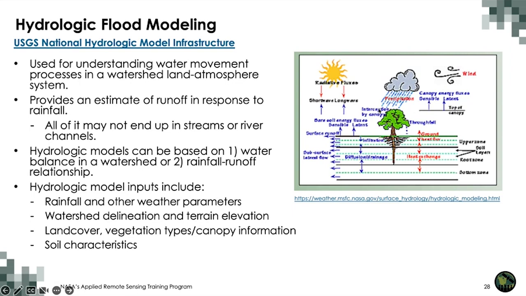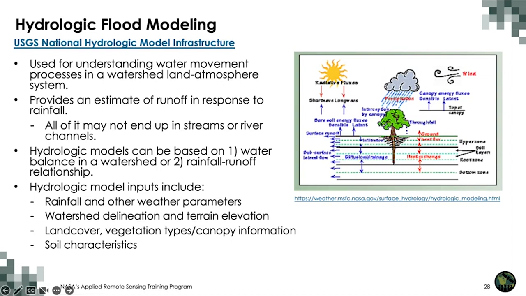It provides an estimate of runoff in response to rainfall. Not all runoff that is produced goes into river channels or streams, and hydrologic models partition runoff using either water balance in a watershed or using rainfall runoff relationship for that watershed to see how much runoff actually goes into rivers or streams.